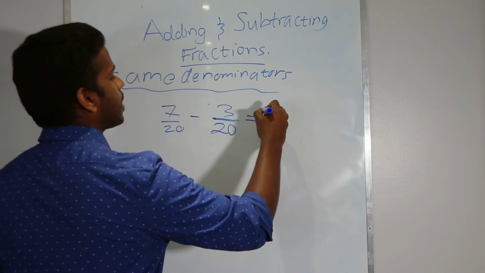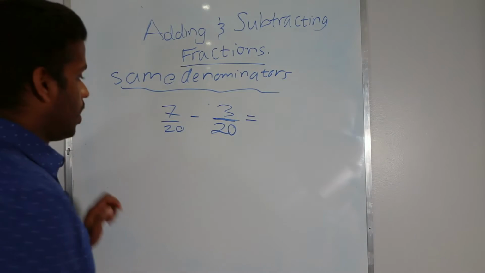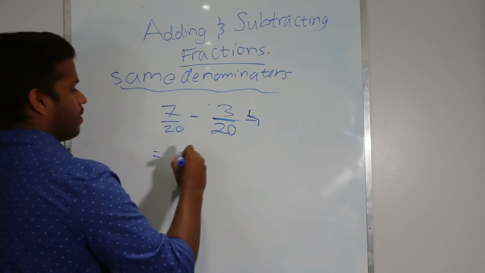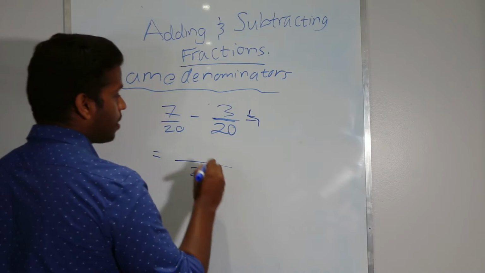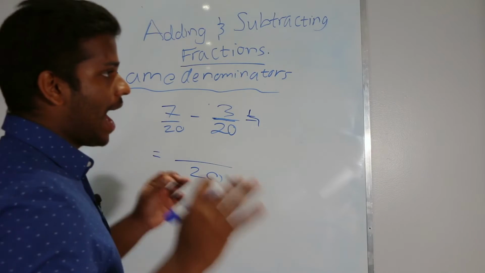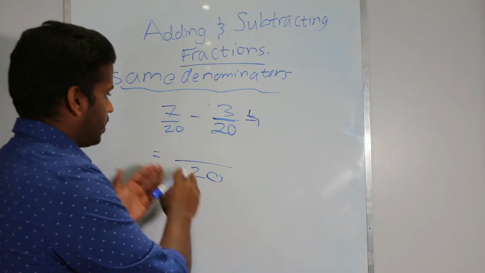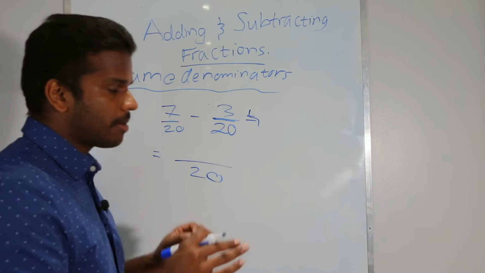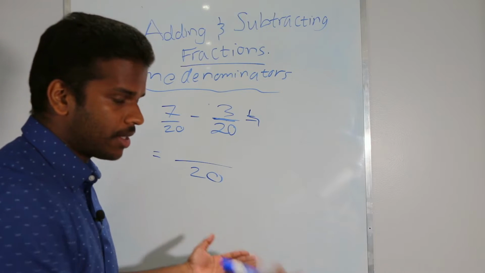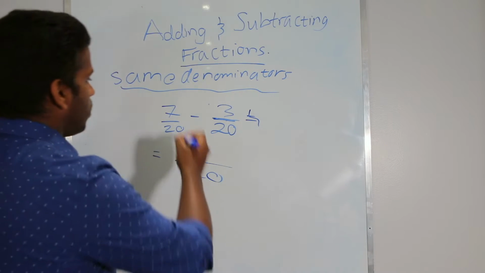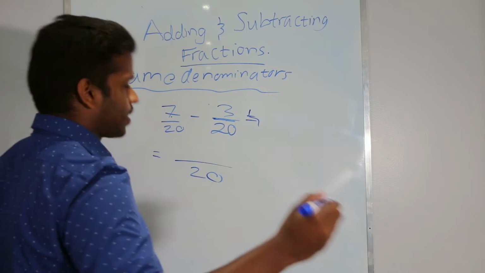When it's the same denominator, all we have to do is put one fraction bar, and the denominator stays the same. When you're adding and subtracting fractions and they have the same denominator, the denominator stays the same. We don't add the two denominators together. We only add the numerators, just to make that clear. So we add or subtract the numerators only.